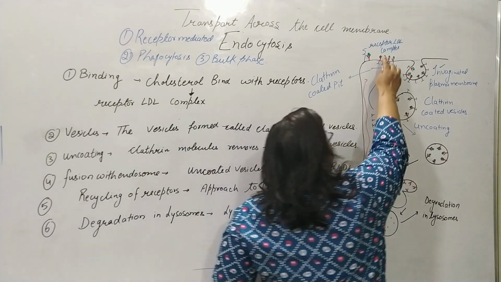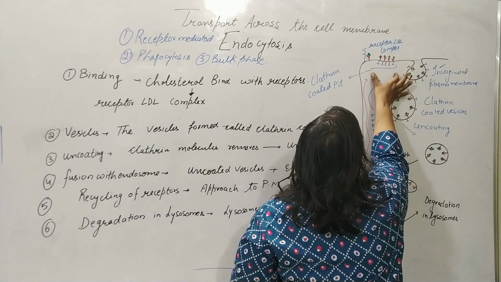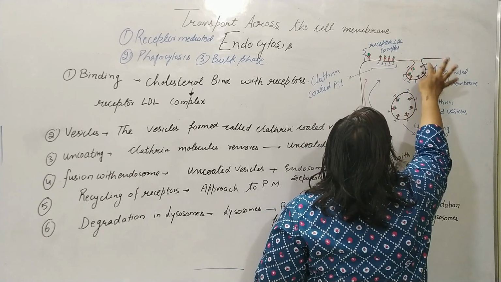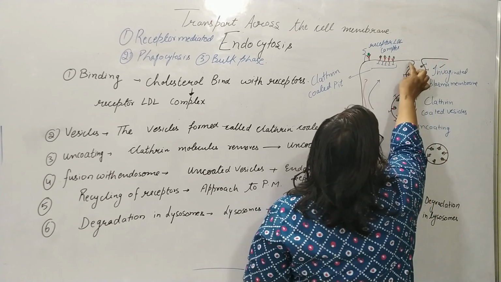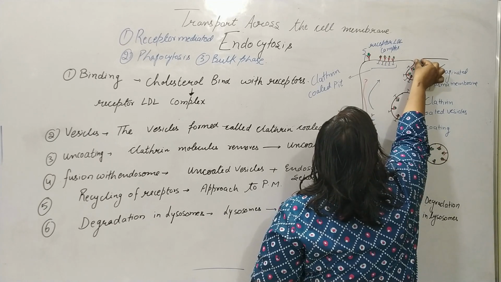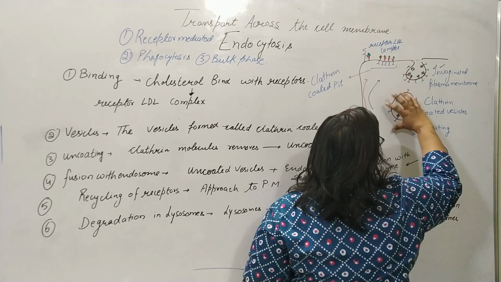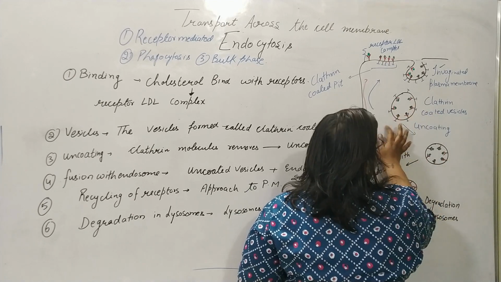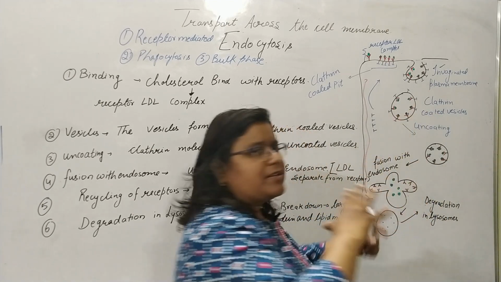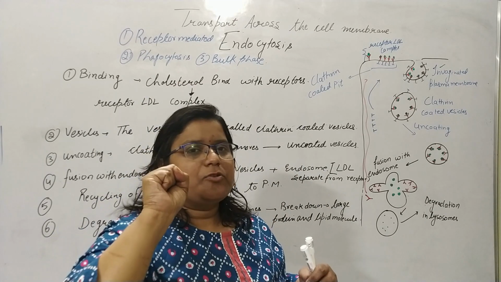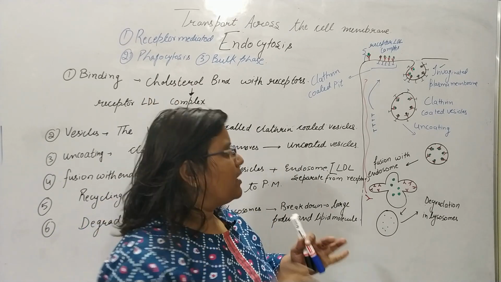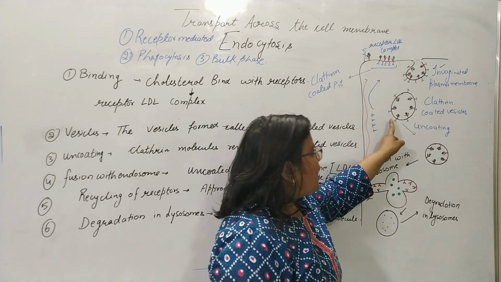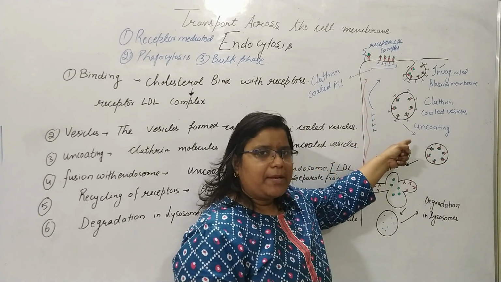When the complex binds on the clathrin coated pit, the cell membrane invaginates. The invaginated membrane fuses and forms a vesicle, known as the clathrin coated vesicle. After this, uncoating takes place.